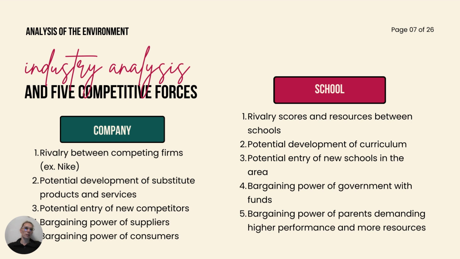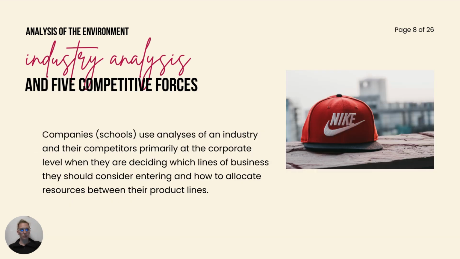So on one hand, you've got demanding consumers of your product, whatever your PE department is producing. And then on the other side, you've got the school board saying, well, this is your budget and you can't do more than that. So industry analysis in the next slide.